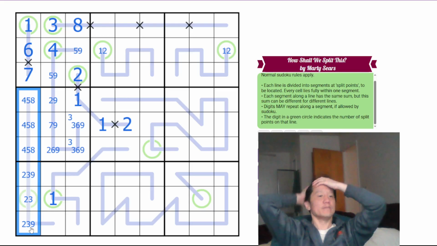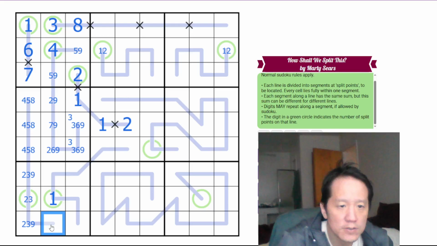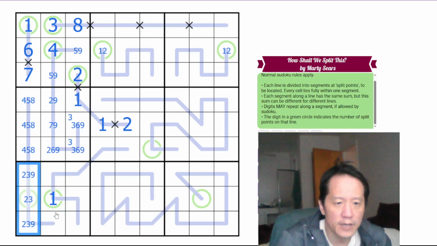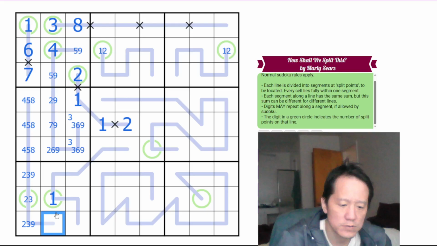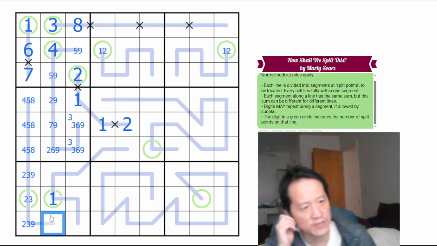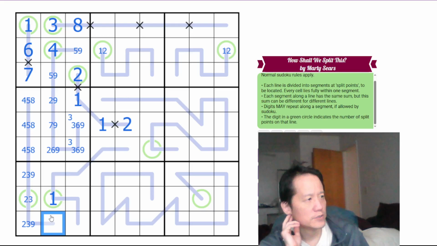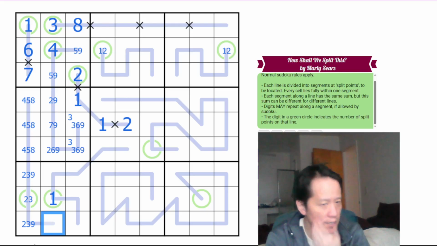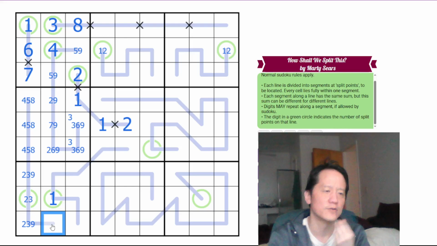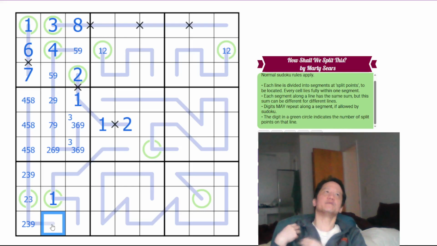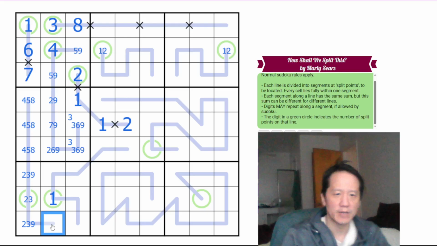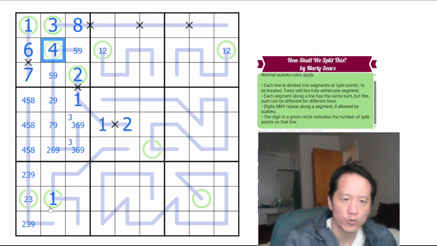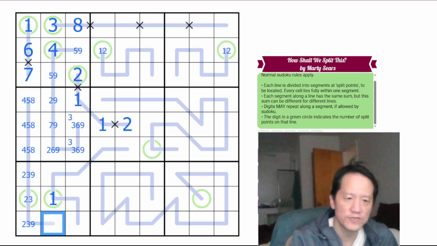You can add at most 8 because 9 cannot be the last digit. So that would be 39 if that were the case. So it cannot be 2 and 3 added either. So 4 is the minimum add and 8 is the maximum. Actually, can't even be 4 because that's 4. So this is 5 through 8 here.